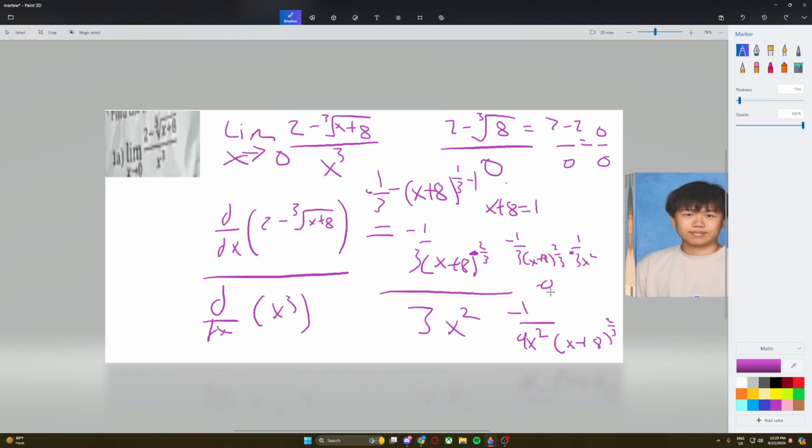If you put positive 0.0001, it's still positive, right? So therefore, it would be only negative infinity because of this negative sign. If there was a negative sign, it'd be only positive infinity. So the limit of both sides is actually negative infinity.